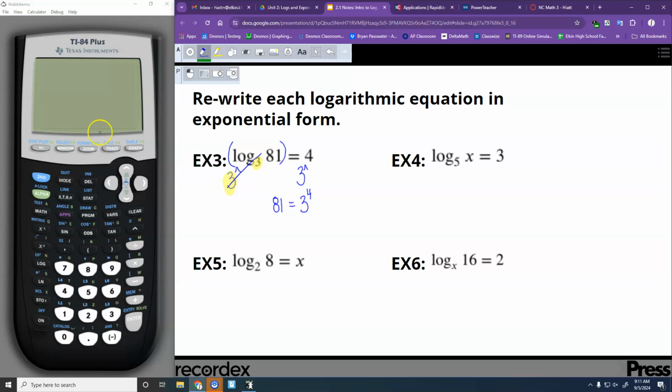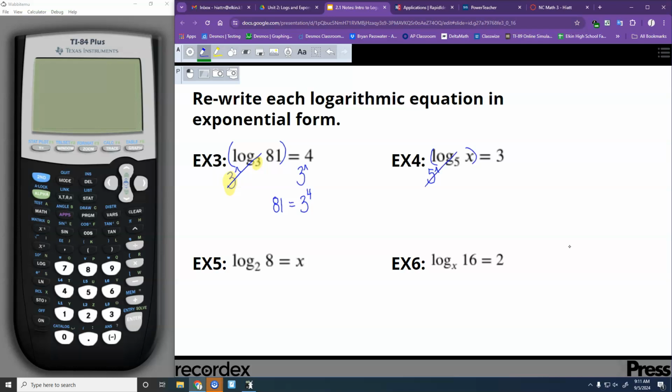Okay, so when we see a log with a base, to get rid of that log, we can do 3 raised to that power, or whatever the base is raised to that power. So over here, Josiah, what's the base of that log, for example, 4? 5, right? So to get rid of a log with that base, we would do 5 raised to that power.